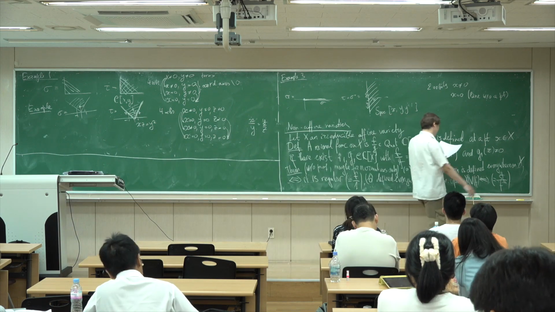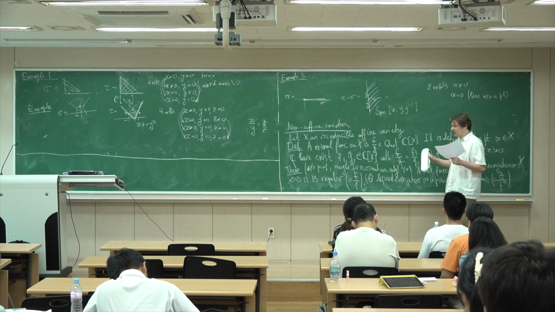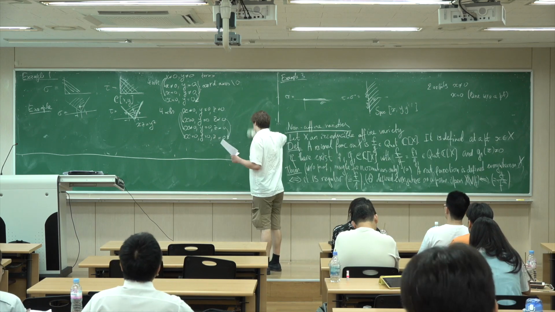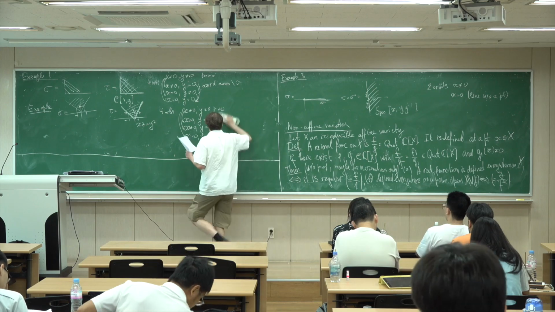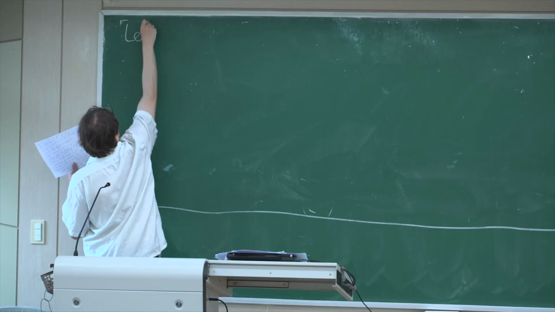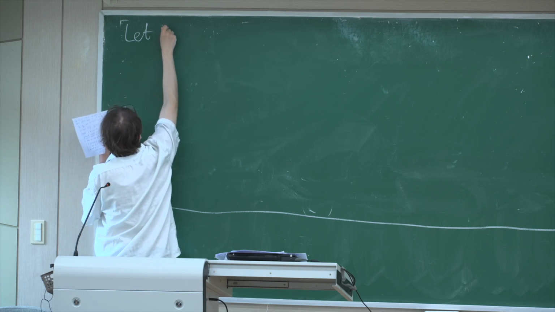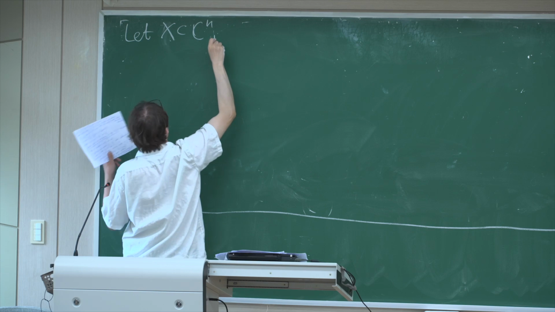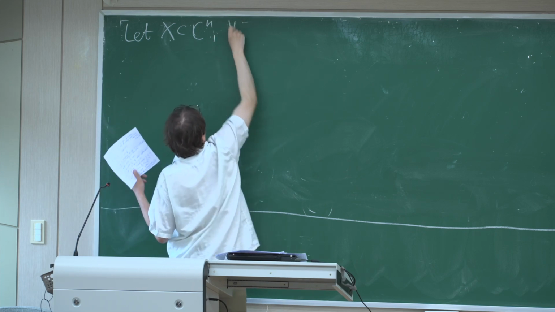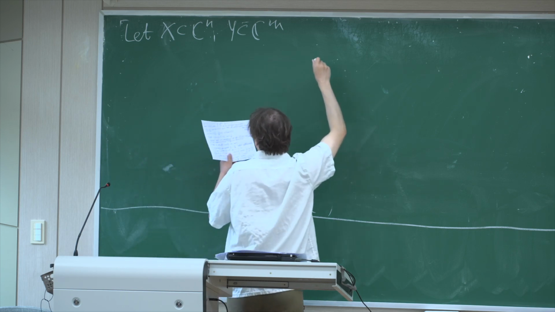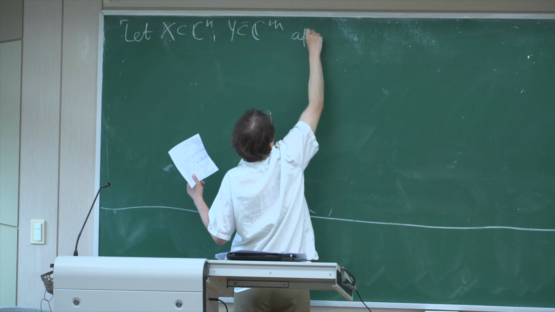And we also have, instead of morphisms, so-called rational maps between affine algebraic varieties. So we have two varieties, X in C^n, Y in C^m. Fine.